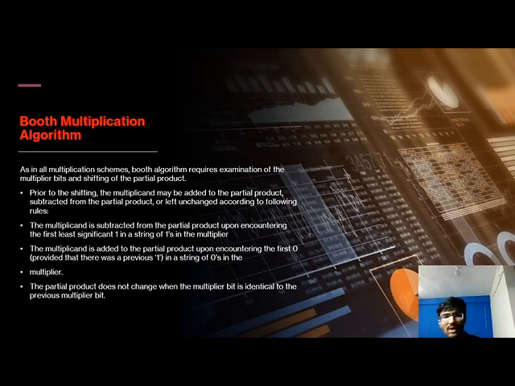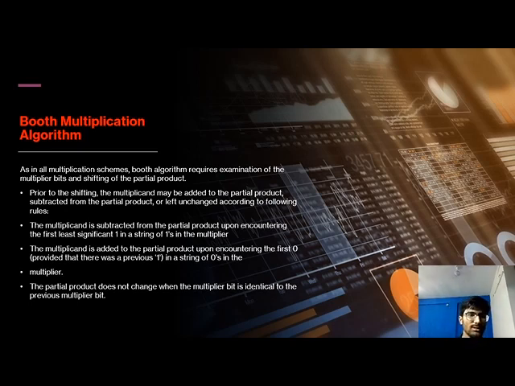Okay, so we have learned two algorithms, the addition algorithm and the subtraction algorithm. Now we will learn about the multiplication algorithm. We know that 2 into 3 is equal to 6, but the computer doesn't know. The computer will convert the numbers into binary, do the operation, and give us the multiplication.